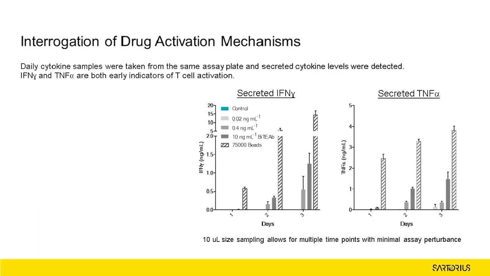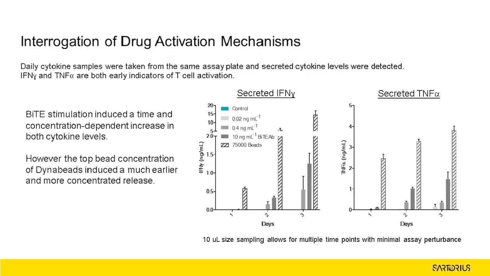Daily cytokine release from the T cells was also compared using the IQue. The graphs on the right show both activators induced a time and concentration dependent increase in both interferon gamma and TNF alpha. However, the top bead concentration included in the graphs here, depicted as the striped bar, saw an early release of these cytokines when compared to the BiTE antibody, as well as much greater concentrations.